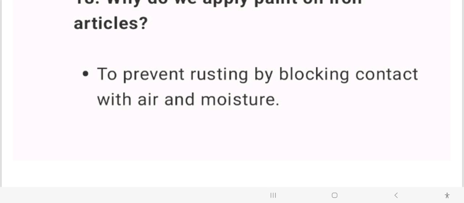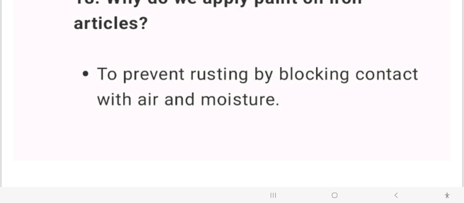Next question, why do we apply paint on iron articles, right? We explained this in the previous lessons also. So what is this rusting of iron? When we leave iron like that, it reacts with the oxygen present in the atmosphere to form ferric oxide.